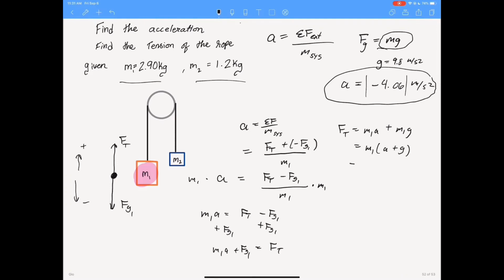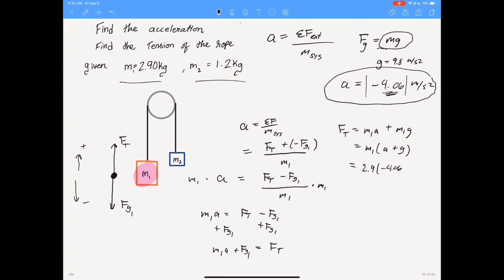Now let's plug in our values. m1 is 2.9. a is negative 4.06, and let me explain that briefly. We know the magnitude is 4.06, but take note that we used a different reference from the previous part: up is positive and down is negative.